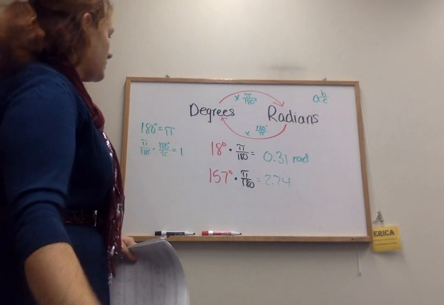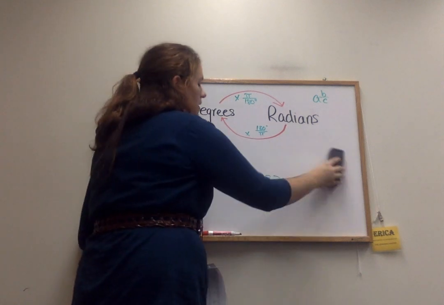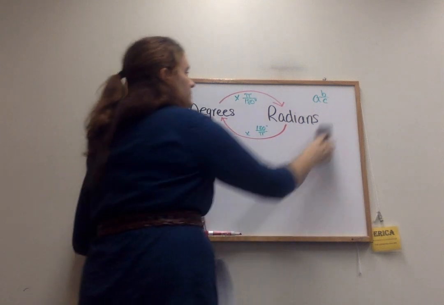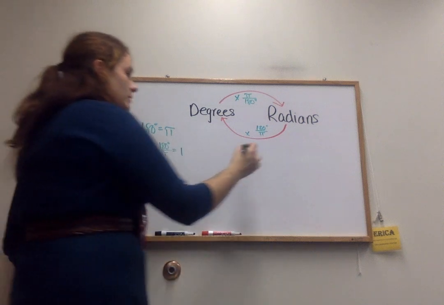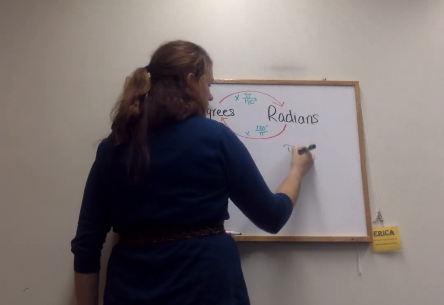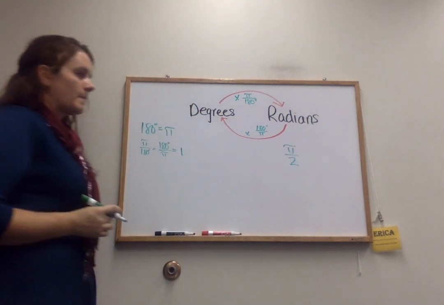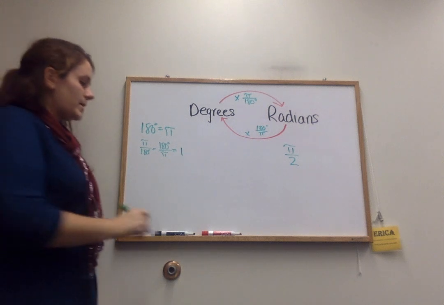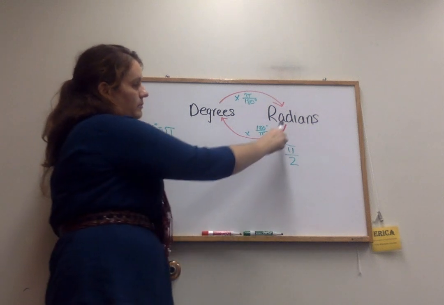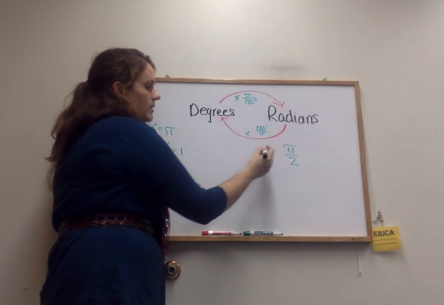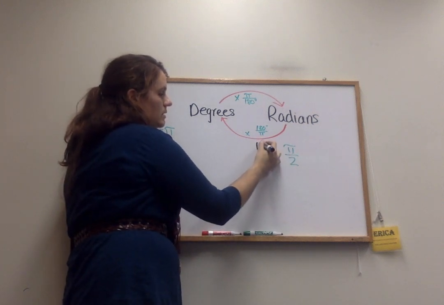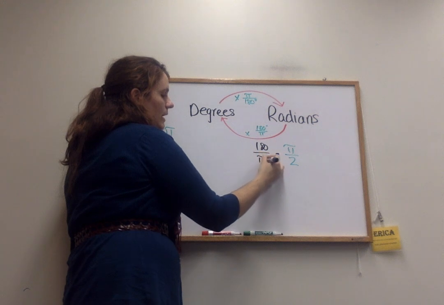Now we're going to look at a few examples where we go the other direction. So we're going to start with radians, and the first one we're going to look at is pi over 2. Pi over 2 is our radians, and we want to change that from radians into degrees. Since our radians are what we're starting with, we're going to multiply this by 180 over pi.